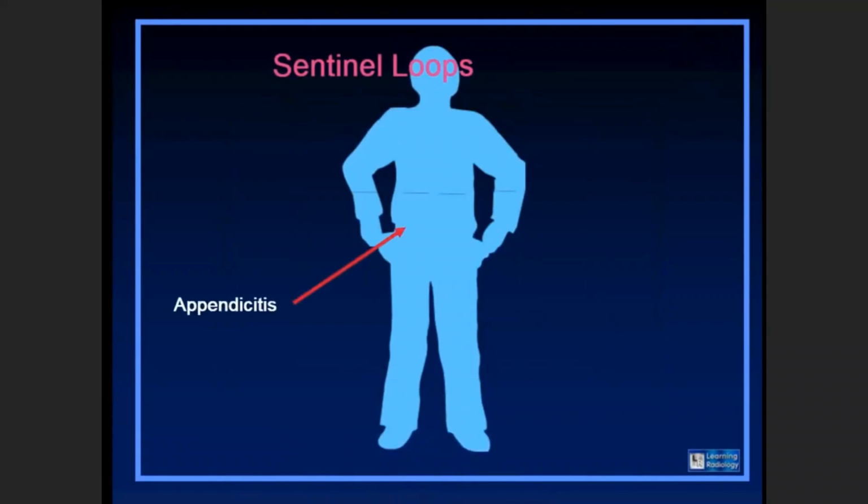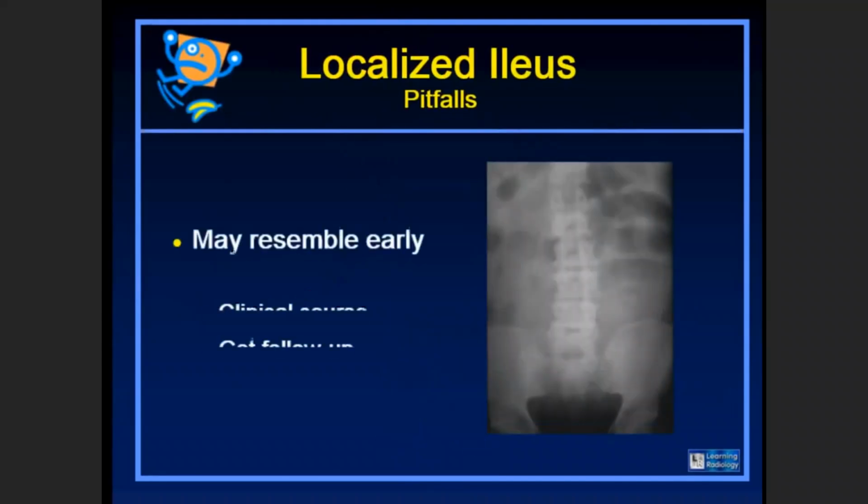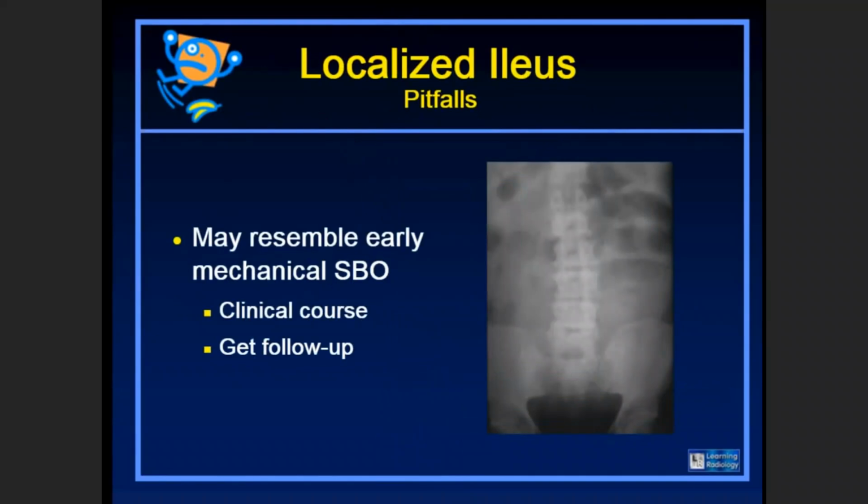Sentinel loops in appendicitis, we can visualize over here. Cholecystitis in the right upper quadrant, pancreatitis in the left upper quadrant, diverticulitis in the left lower quadrant, and periumbilical in cases of ureteral calculus or renal stone. Localized ileus can mimic very early mechanical small bowel obstruction.